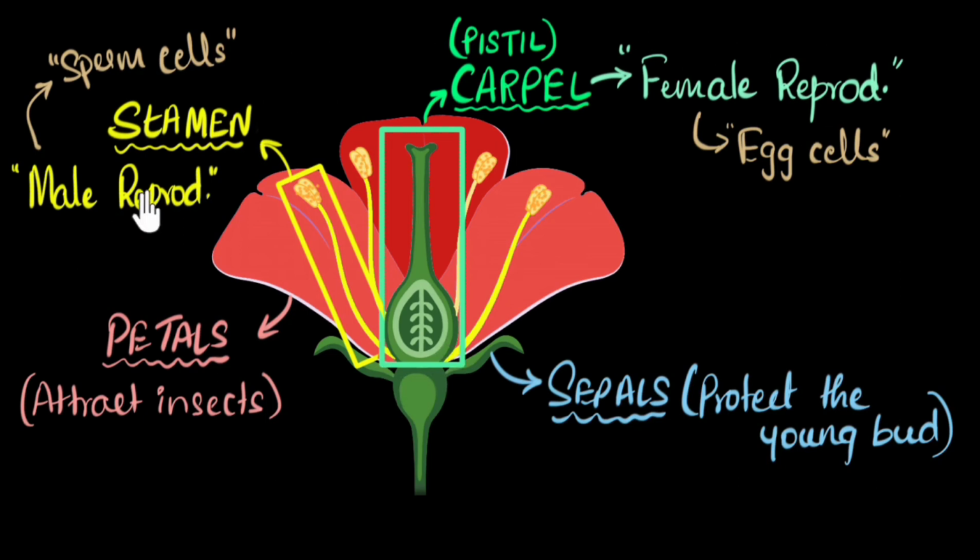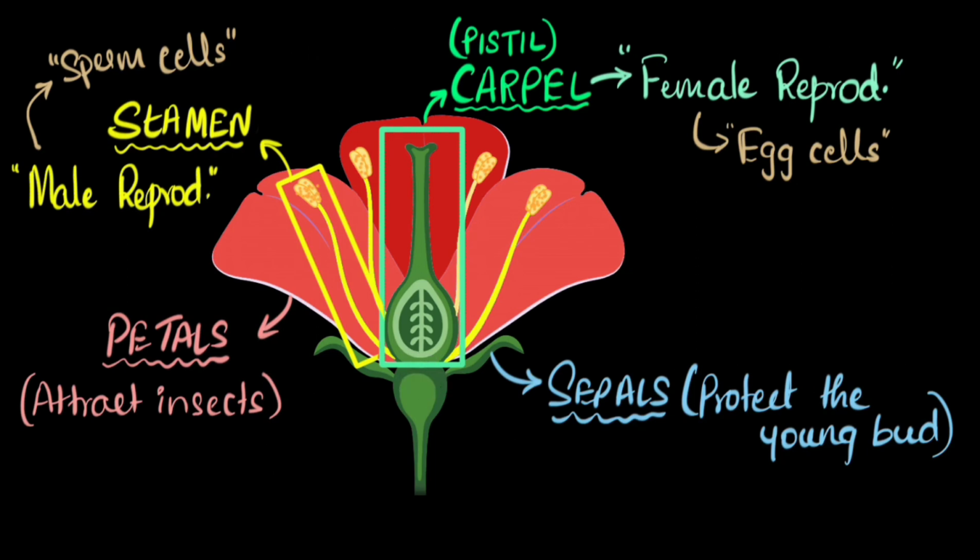Why? Because they have both sexes on the same flower. But in some cases, we will find they only contain either the male reproductive part, the stamens, or only the female reproductive part, the carpels. In such cases, since they contain only one reproductive part, we call them unisexual flowers.